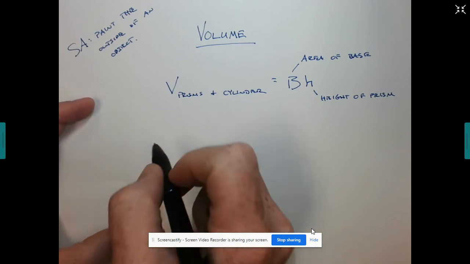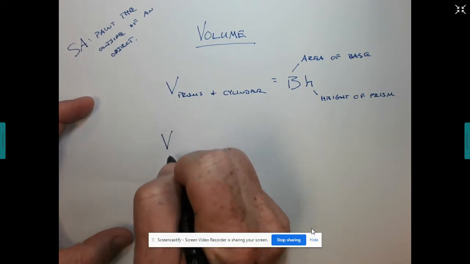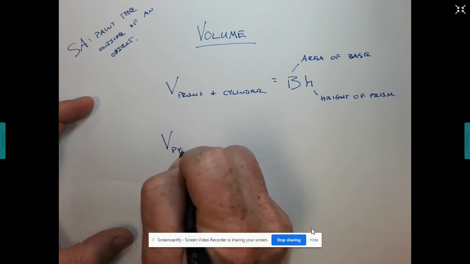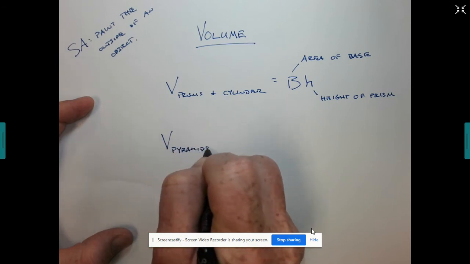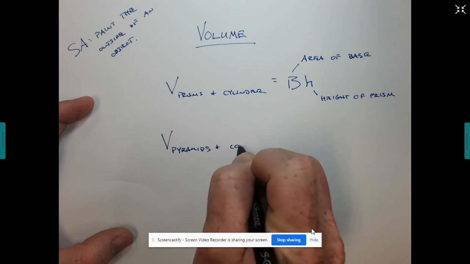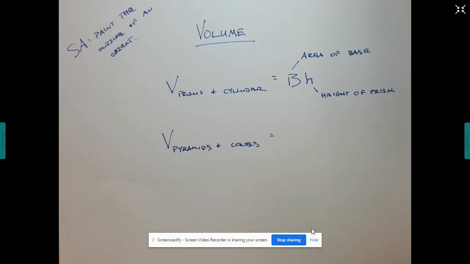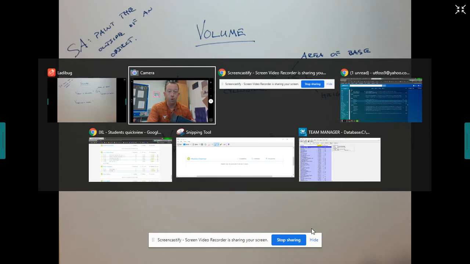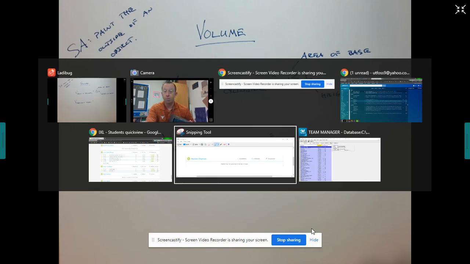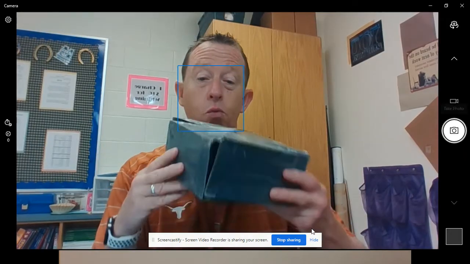The question is, so what are we going to do when it comes to the volume of pyramids? And this next idea will work for cones as well. We don't have that same situation. But when I started to teach here in January of 2000, a long time ago, there was only one thing in my classroom.